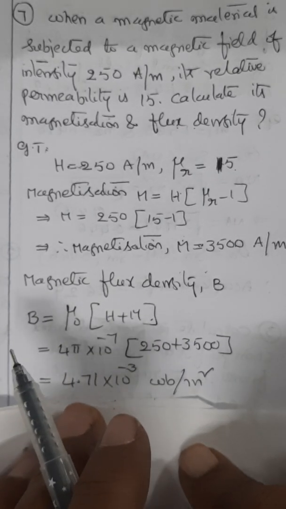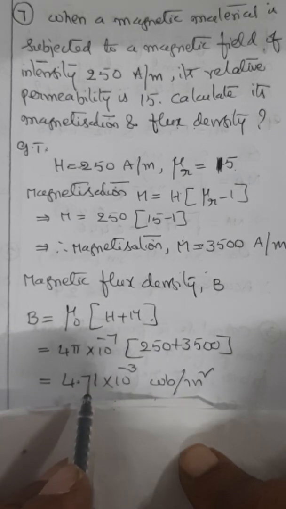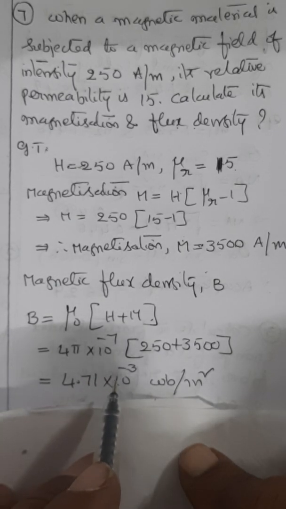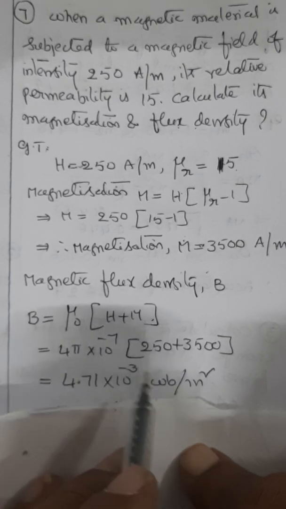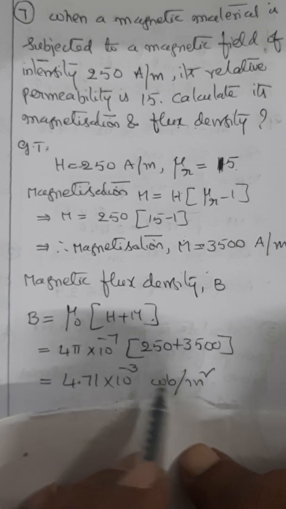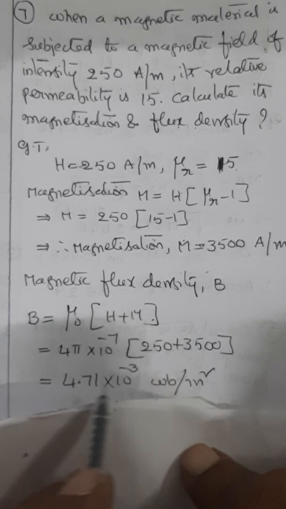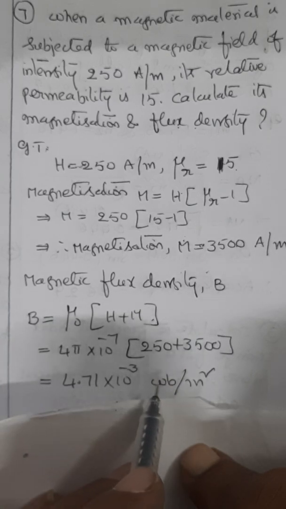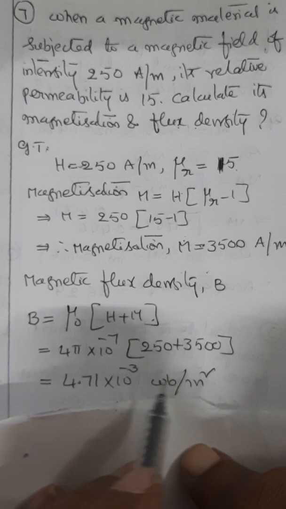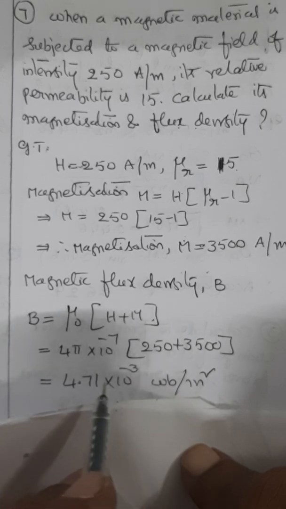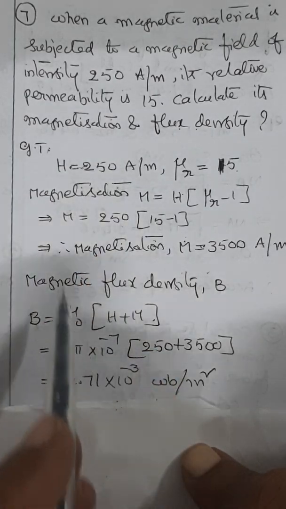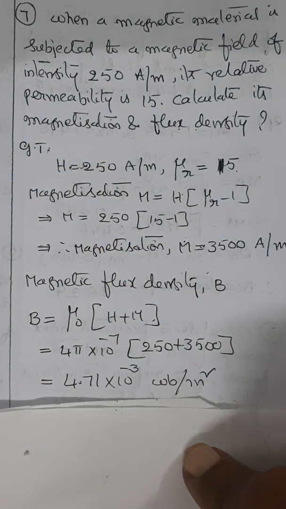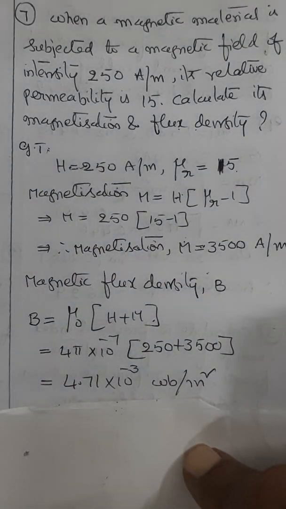This you can simplify as 4.71 into 10 power minus 3. This is flux density B, therefore its units are Weber per meter square or Weber meter minus 2, either way. So this is how you can calculate the flux density. Both flux density as well as magnetization are computed as per the requirement given in the problem.